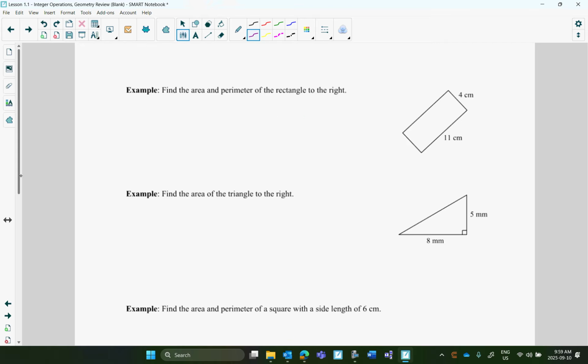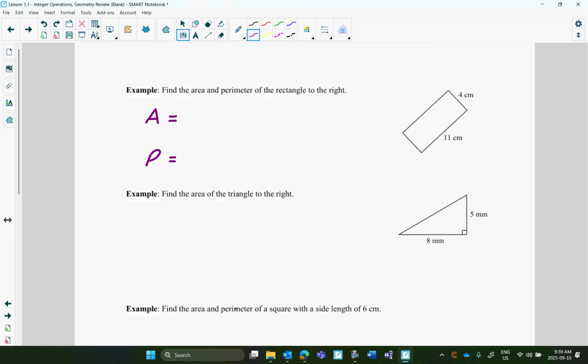Okay, so just a few examples. Got a rectangle, you're given the length and width, you're asked to find the area and the perimeter. How would you find the area? Kendrick?